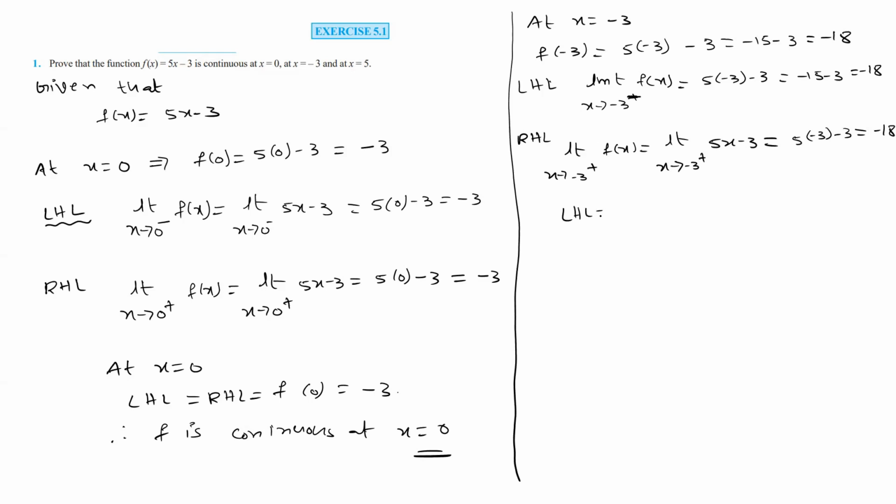So LHL is equal to RHL is equal to f of minus 3, which is minus 18. Therefore, f is continuous at x equal to minus 3. So the next one is x equal to 5.